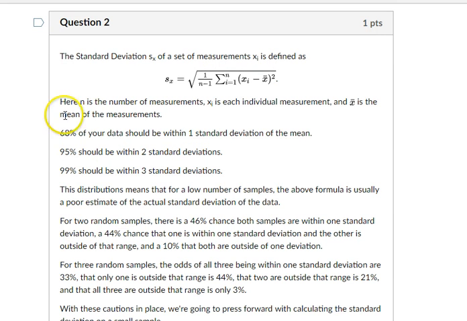And 68% of the data is within 1 standard deviation, 95% should be within 2, and 99% should be within 3. We sometimes call these confidence levels. We're confident at the 95% level that something is within 2 standard deviations of some central value.